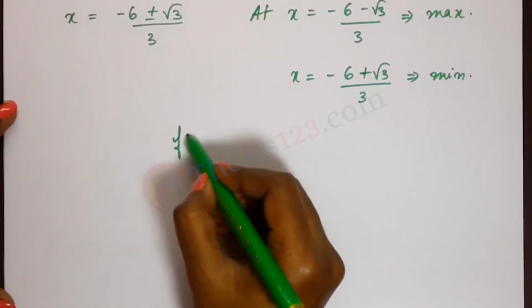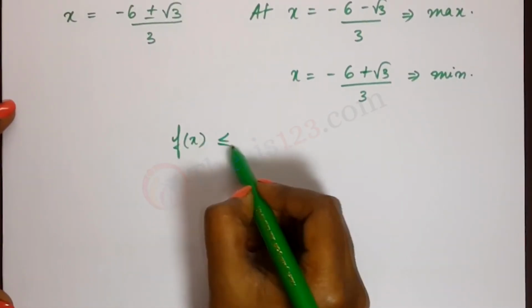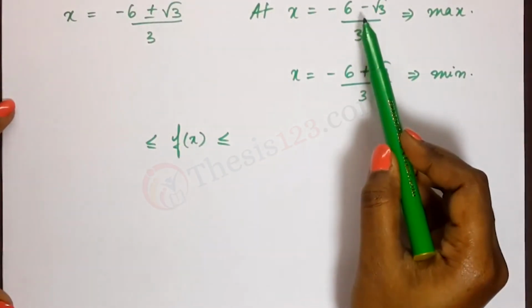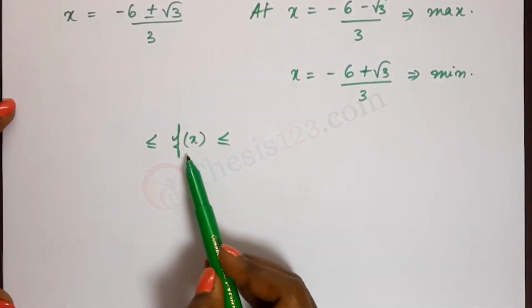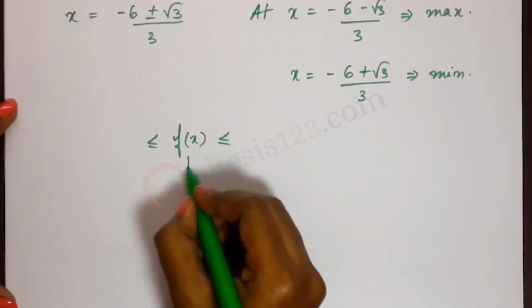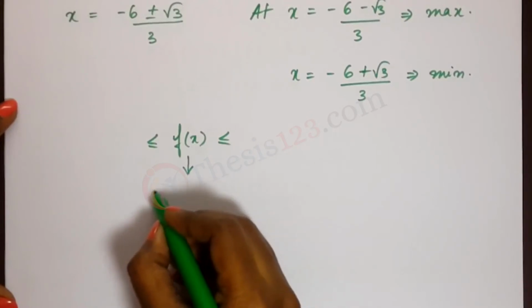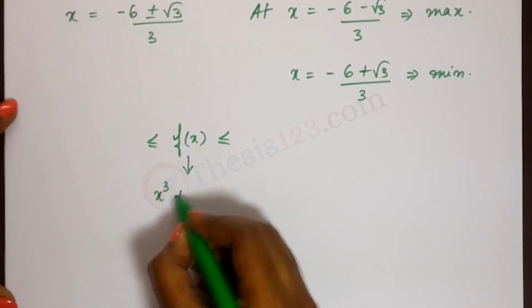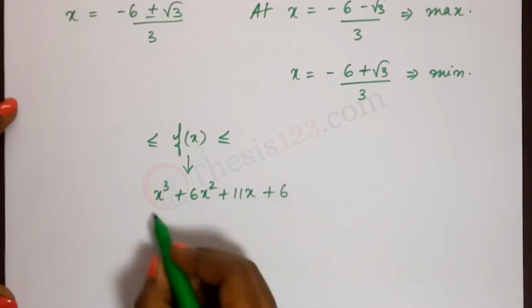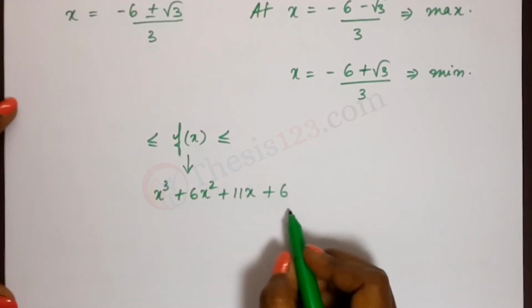So we will be able to find out the range of f(x). We have to substitute x into the function f(x) and find out the value. So f(x) is the expression x³ + 6x² + 11x + 6. This is the expression that we wrote down.